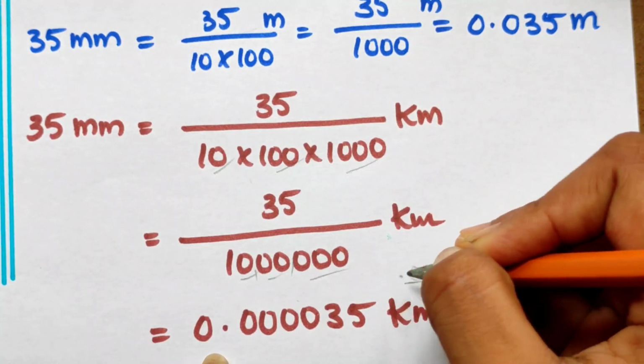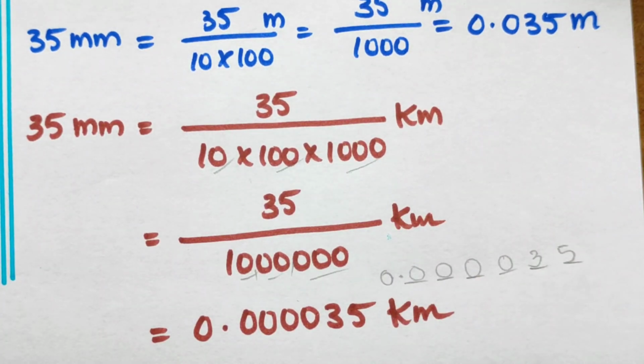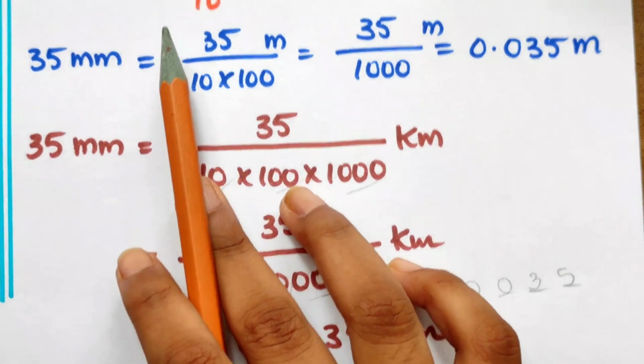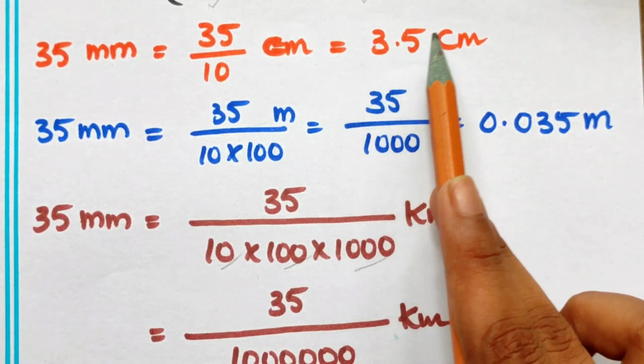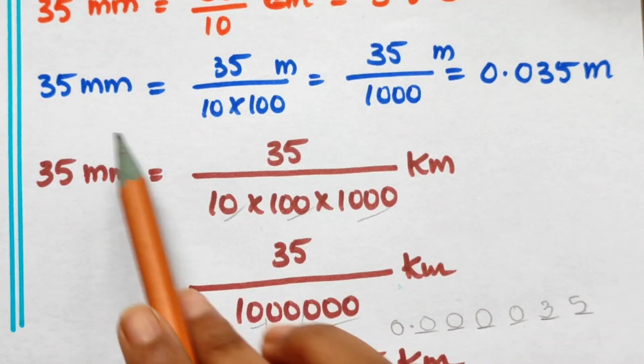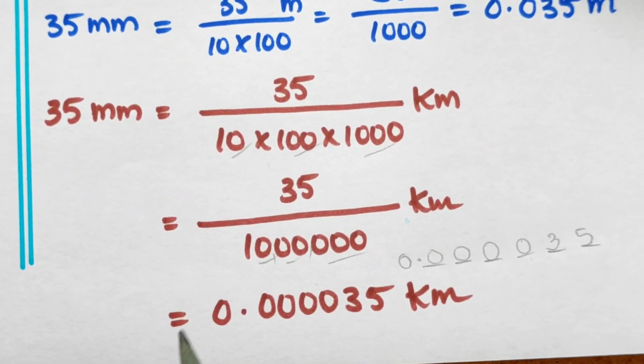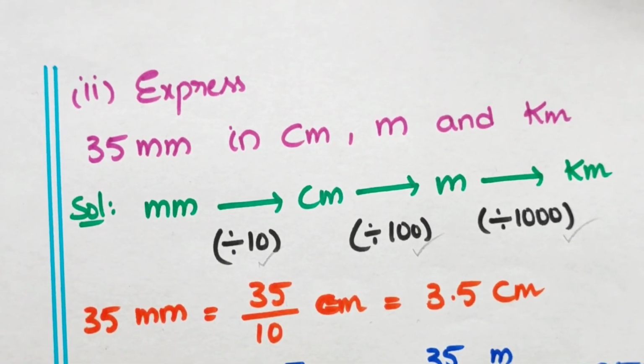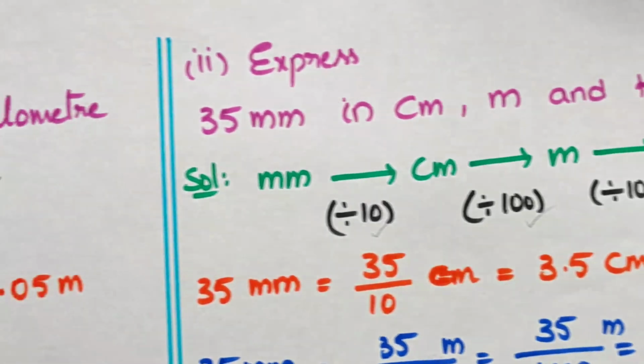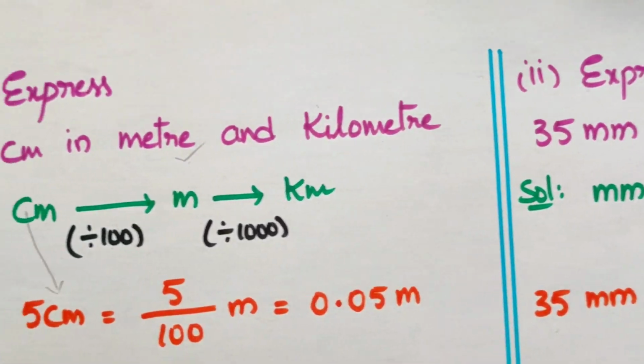And here is a point, and here is a point 0. So here it is 0.000035... So 35 mm is equal to 3.5 centimeter, 35 mm is equal to 0.035 meter, and 35 mm is equal to 0.000035 kilometer. With this, second bit and third problem both get completed.